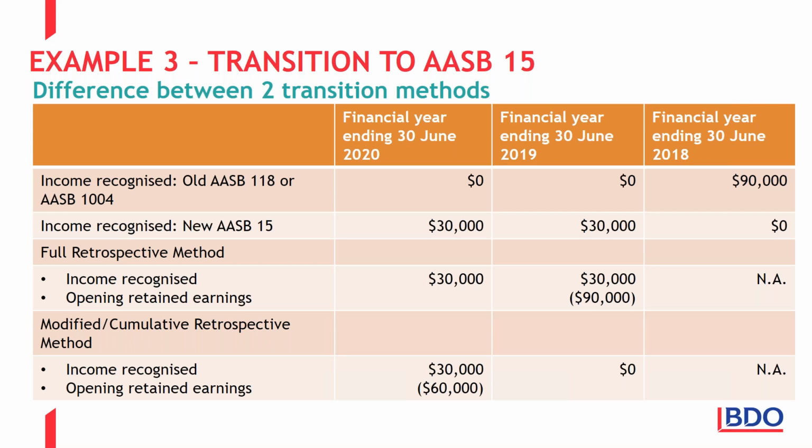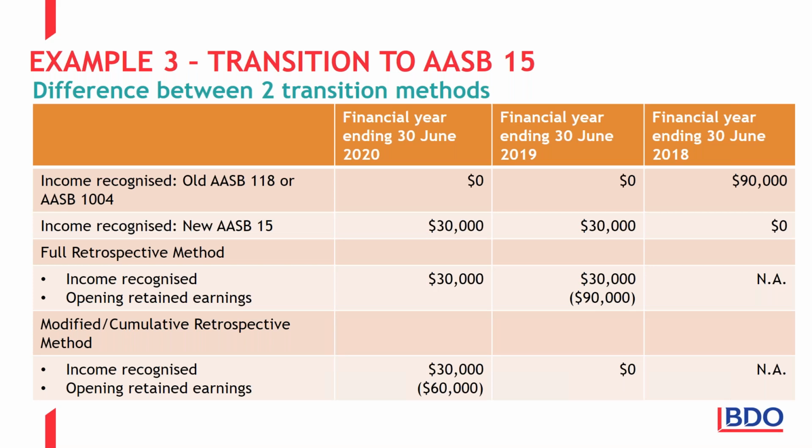If we look at the new AASB 15, you'll recognize 30,000 in 30 June 2019, 30,000 in 30 June 2020, and the other 30,000 will be in 30 June 2021. So you can see there's a difference between what we've done in the olden days and what we're now going to do under the new standard.